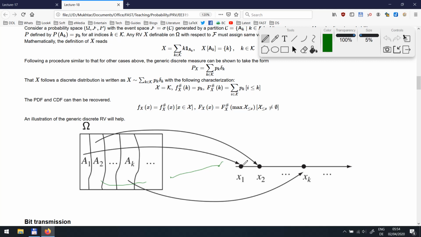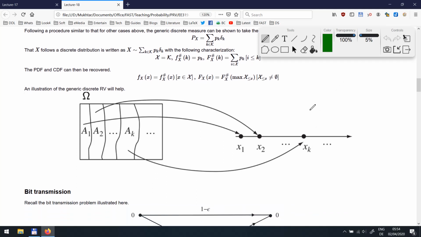So you see, x1 is assigned to all elements of A1, x2 is assigned to all elements of A2, and so on, and the rest is actually standard: Dirac measures, weighted sum, and so on. So I think that is also for you. Let's move on.